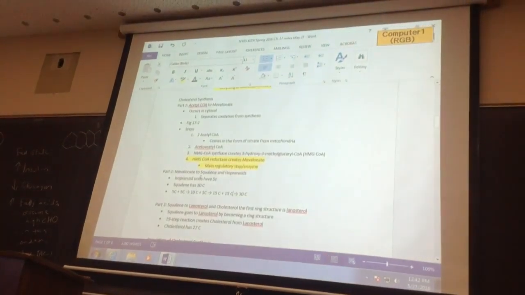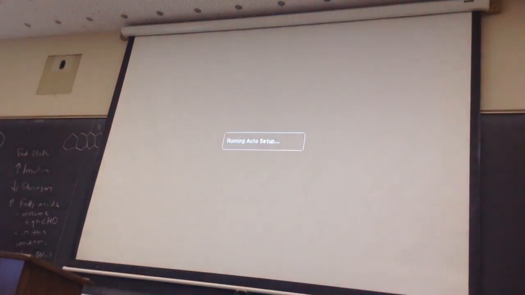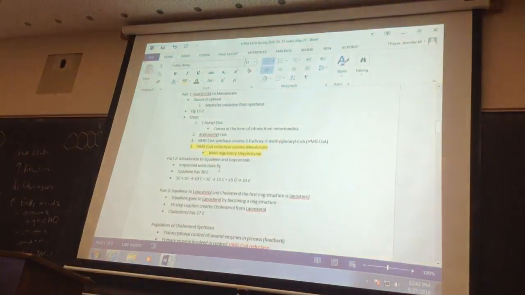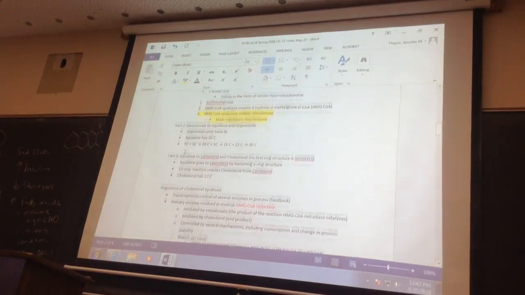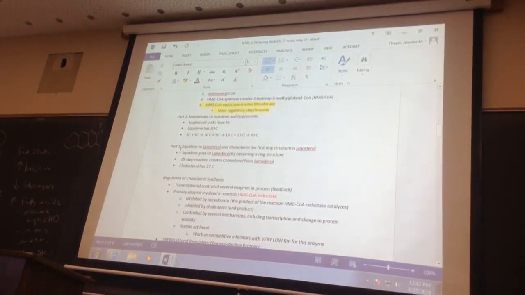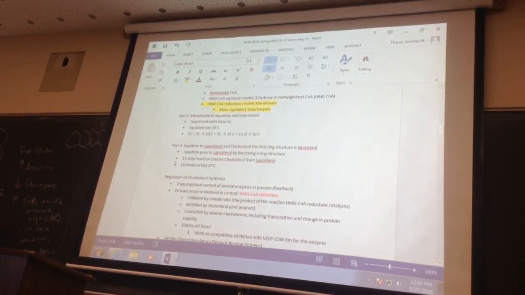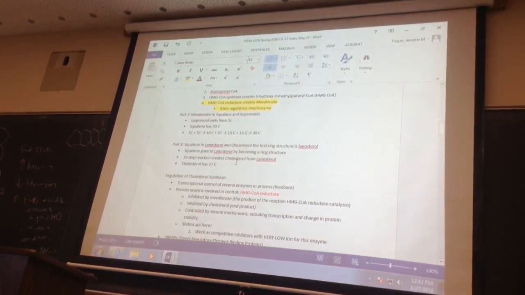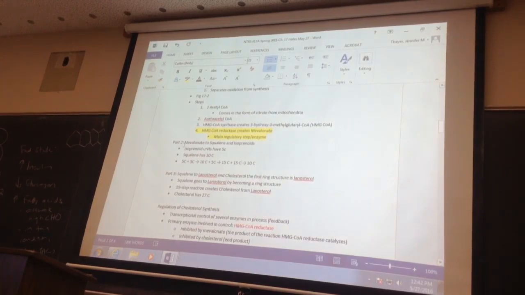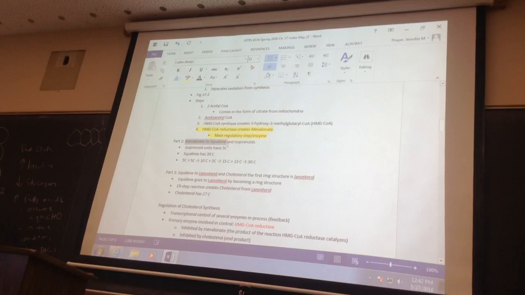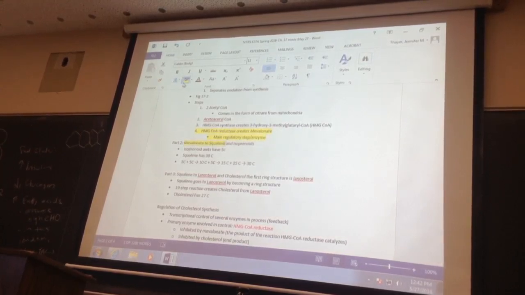Okay, so once you get from mevalonate, you make squalene, and I will look up and see if that's in shark oil. Yeah. And then from squalene, you go through this long 19-step reaction process, and you get cholesterol. Okay? So I want you to know that you go from mevalonate to squalene, and I'm not worried, the isoprenoid is an intermediate.